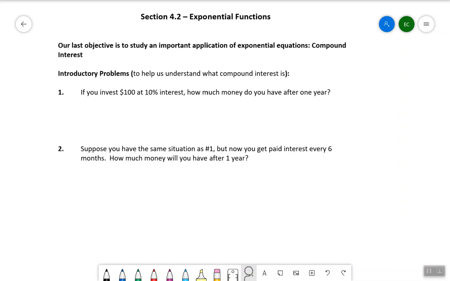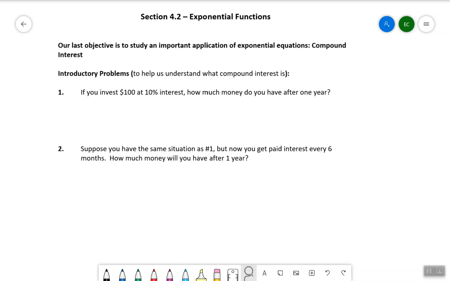So in this first question, if you invest $100 at 10% interest, how much money do you have after 1 year? In this case, the assumption is that you get paid the interest at the end of the year and that you get paid 10% of the principal amount, the $100.